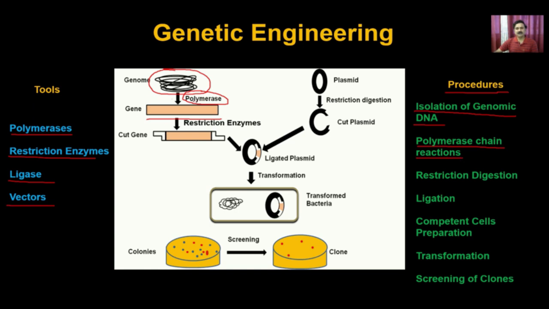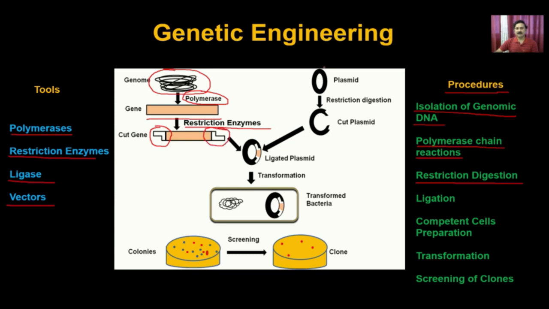Once you have the gene, you have to cut it with the help of restriction enzymes. You perform a restriction digestion reaction, and it is going to generate sticky ends on both sides of your gene.